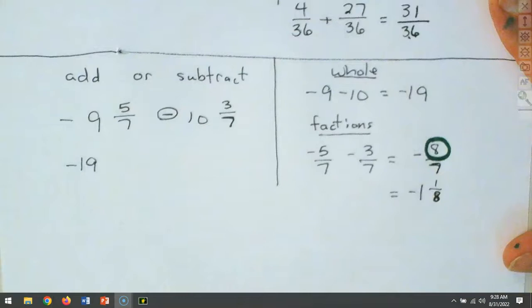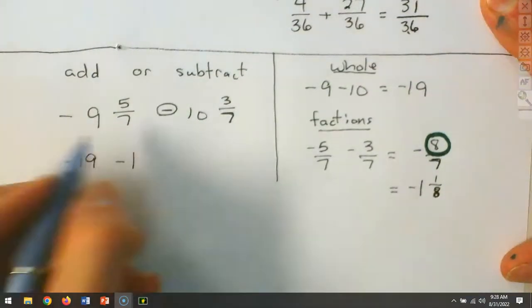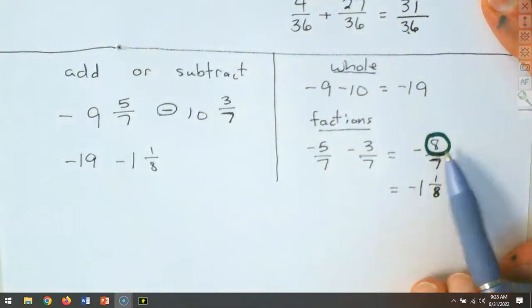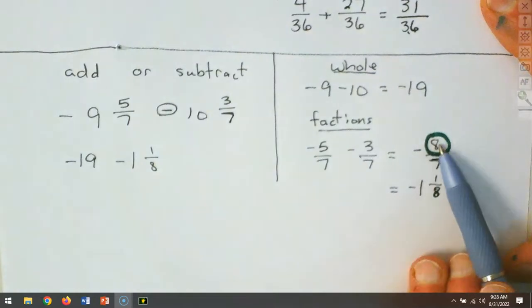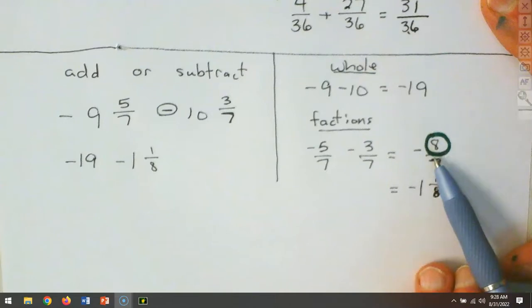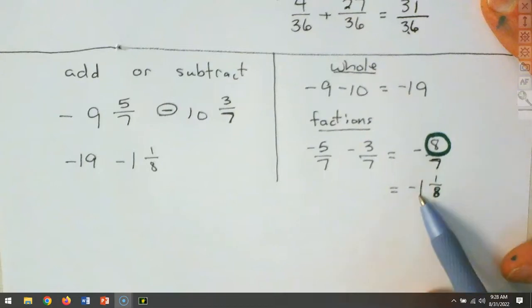How did I know it was going to be minus 1 and 1/8? Right, because what I look for is I see my numerator, the top number, is larger, and I can't have that. So I've got to bring out my whole number in front. And what's 8 minus 7? 1, so that's where the 1 is, left over here. And the 1 came out.